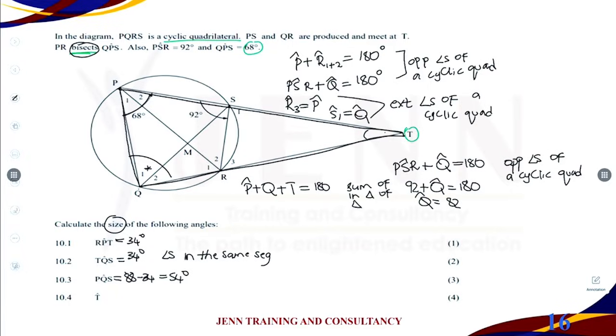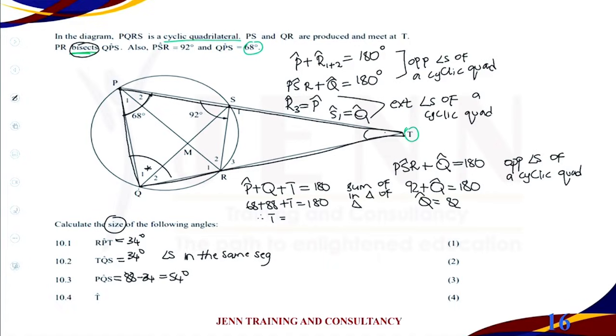So therefore, angle P at 68 plus 88 plus T is equal to 180 degrees. Therefore, angle T is 180 minus 88 minus 68.